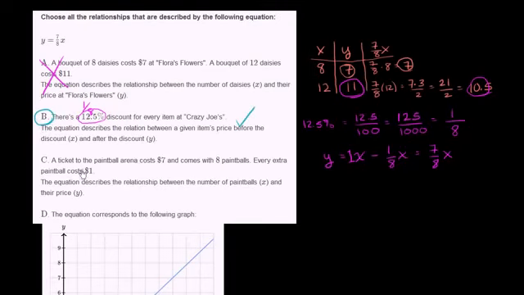Let's look at scenario C, and I will do scenario C in orange. A ticket to the paintball arena costs $7 and comes with 8 paintballs. Every extra paintball costs $1. The equation describes the relationship between the number of paintballs x and their price y. We'll do something similar to what we did up here.